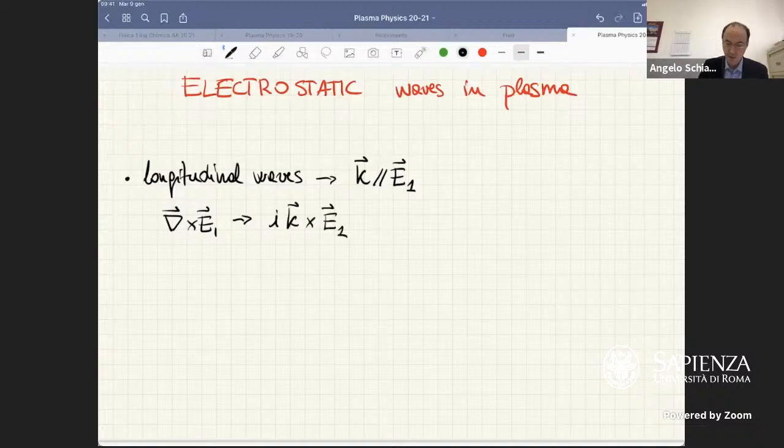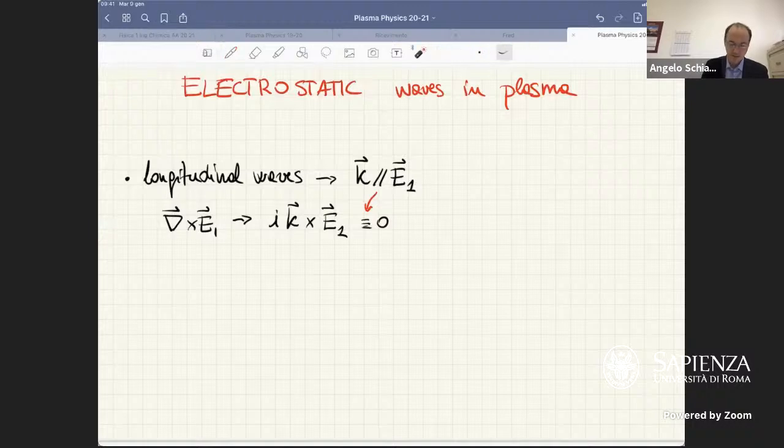But since we are seeking longitudinal waves, so a solution where k is parallel to E, the cross product, the vector product, is 0, because k and E1 are parallel.